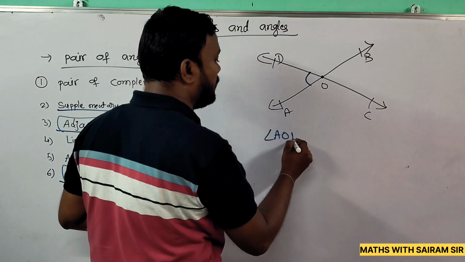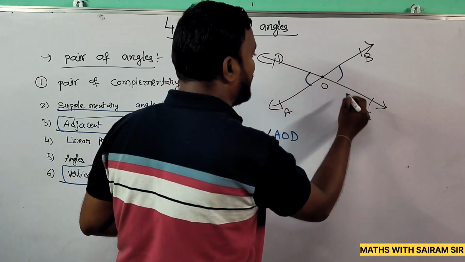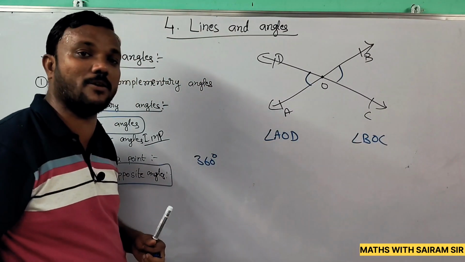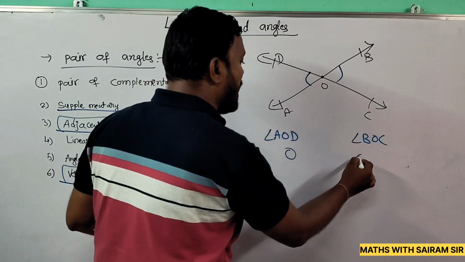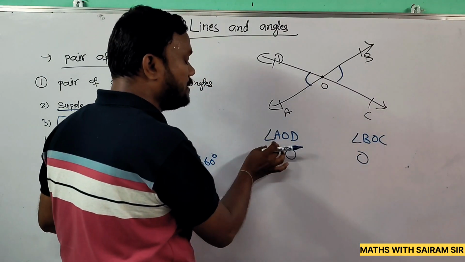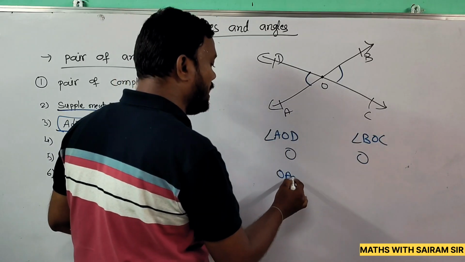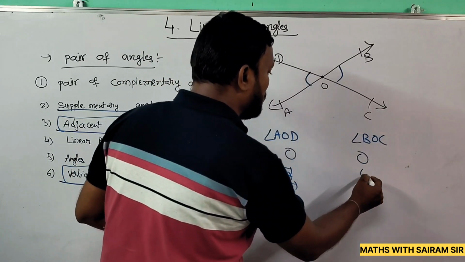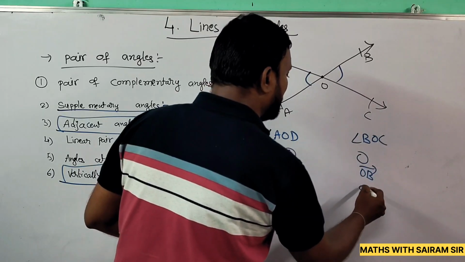Here, angle AOD and angle BOC have a common vertex O. Angle AOD is formed by the OA ray and OD ray, and angle BOC is formed by the OB ray and OC ray.